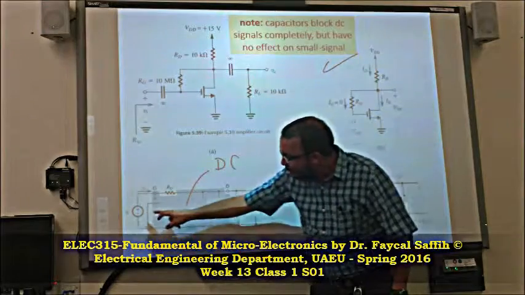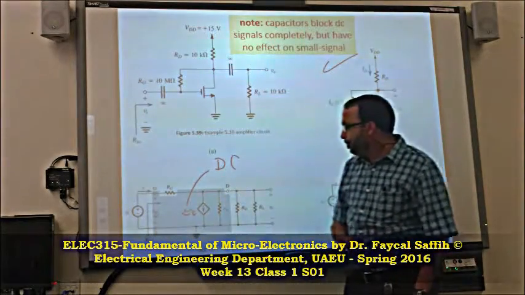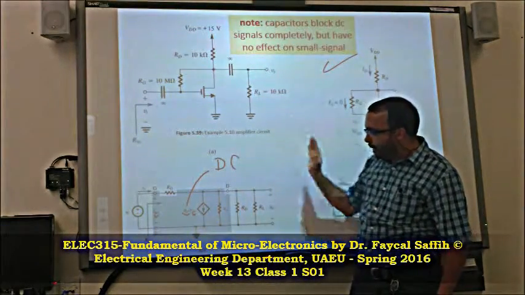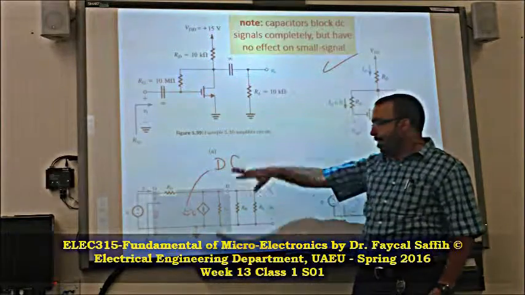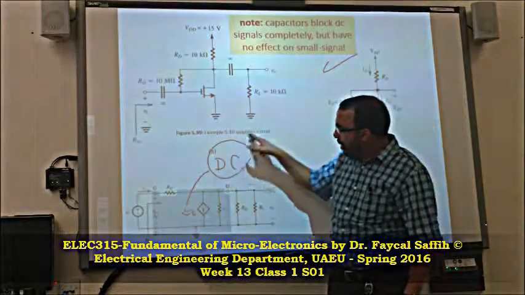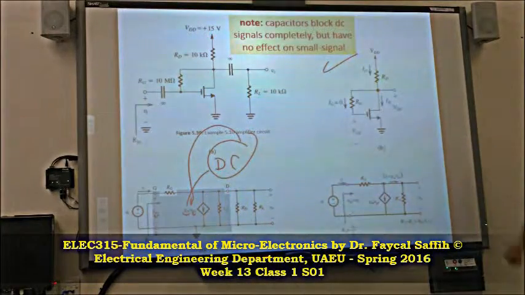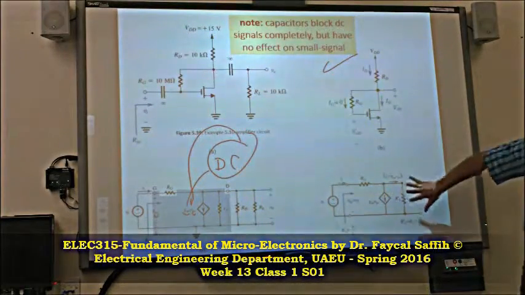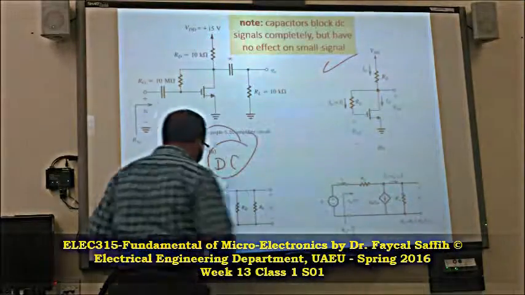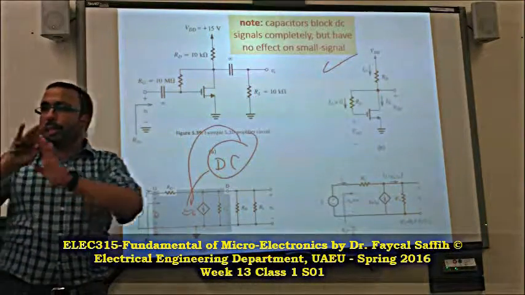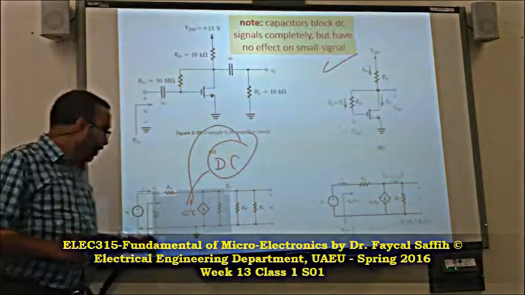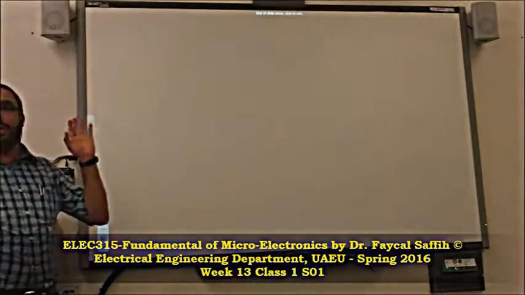This is an AC signal which is at the input. That's the only thing really in this amplifier, a very simple one. Once we do the AC analysis, we can plug in GM. We'll study that later on. Don't worry, I'm just telling you the overall picture. Great, we're done with this part.